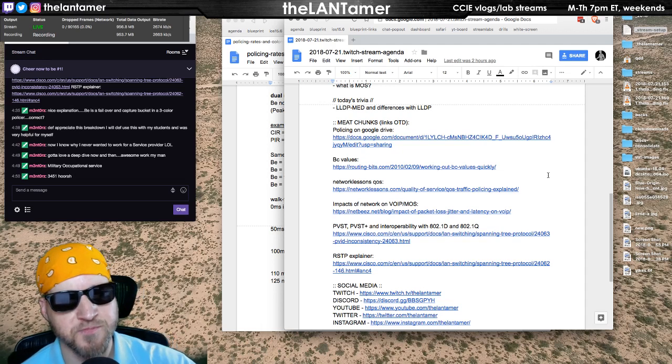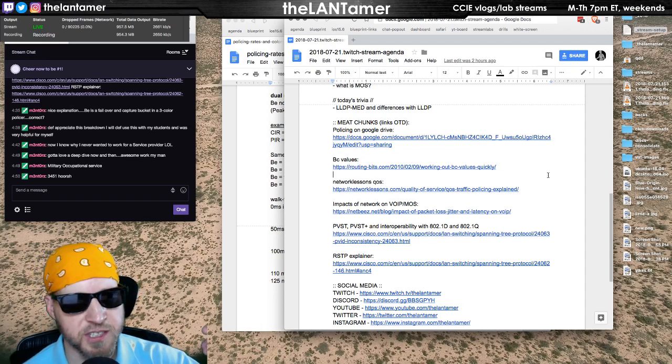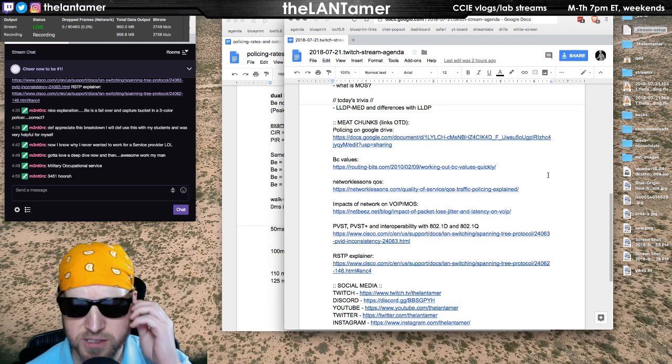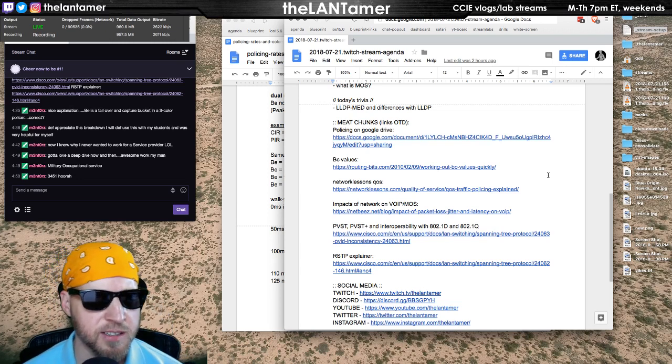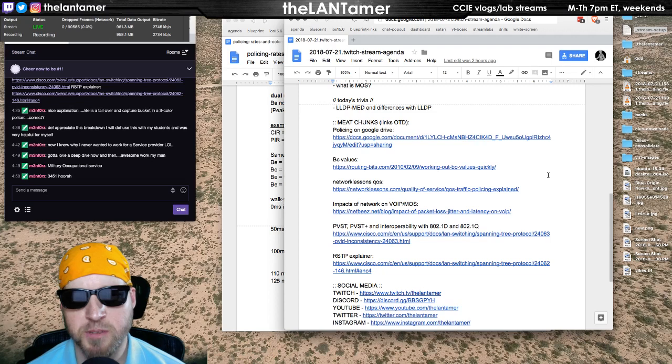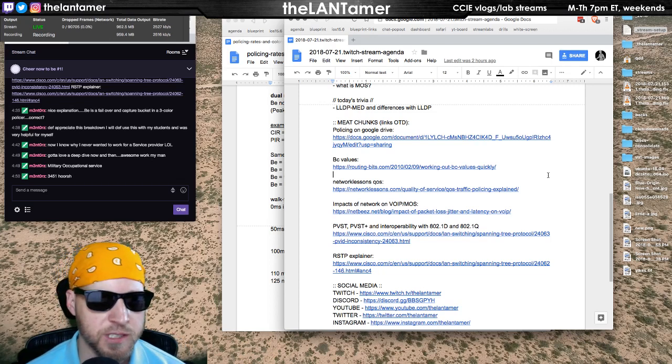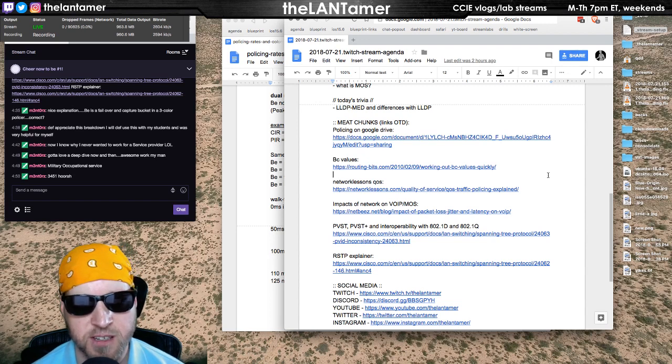That's jitter. Jitter certainly impacts MOS, but other factors like latency also impact MOS, round trip times, things like that. And MOS is considered a more accurate reflection of the quality of voice. So that's what MOS is.